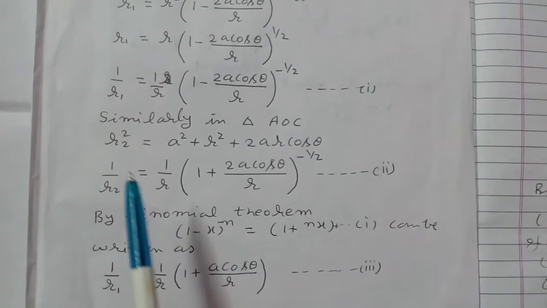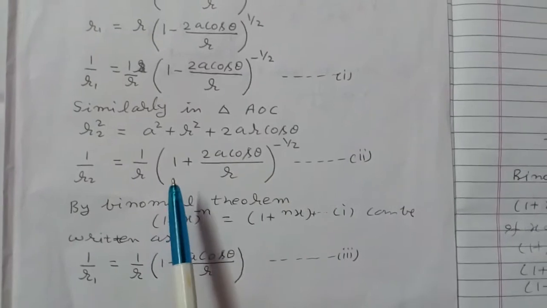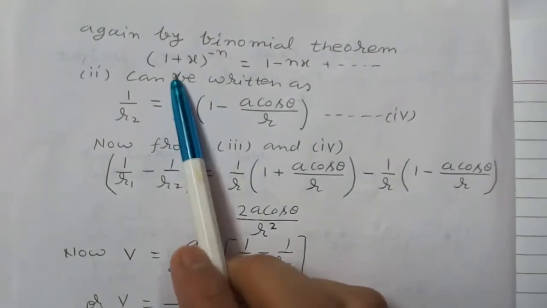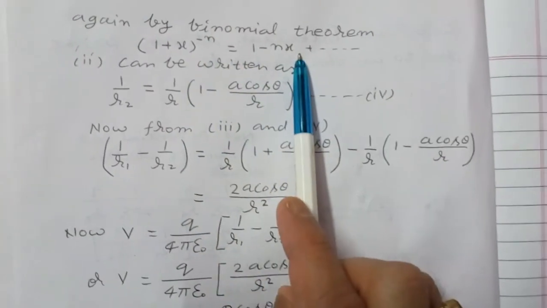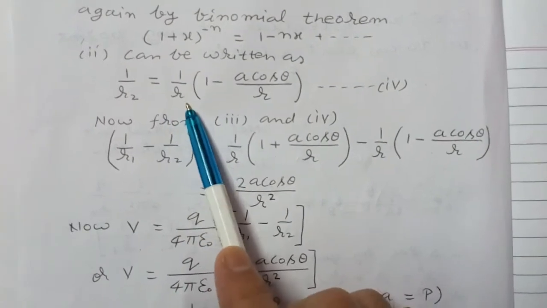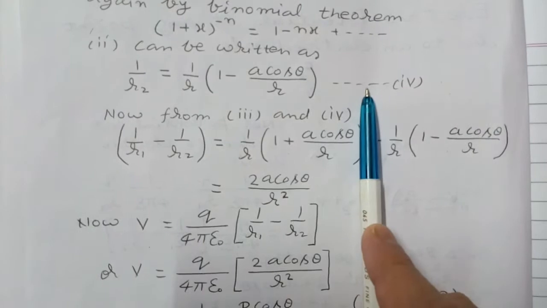We will put this here, okay, and similarly apply the binomial theorem on 1 upon r2, which is equal to 1 by r, in bracket 1 plus 2a cos theta by r, to the power minus half. This becomes, by 1 plus x to the power minus n, which is equal to 1 minus nx, so 1 upon r2 is equal to 1 upon r, in bracket 1 minus a cos theta by r.